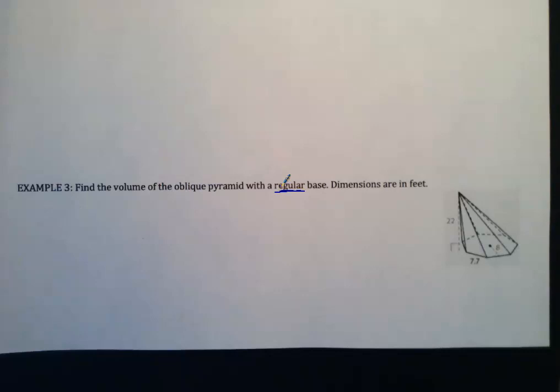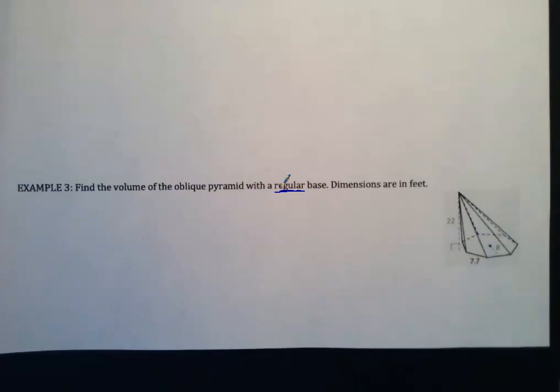When it's telling you it's a regular base, it's a regular polygon, all the sides are equal. You could call it an equilateral base. So, how many sides do you have on that base? 7.